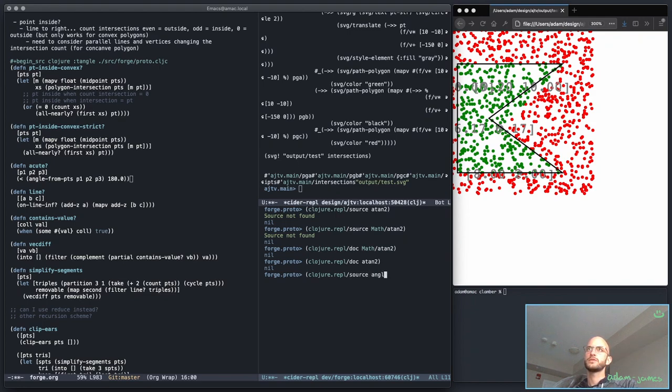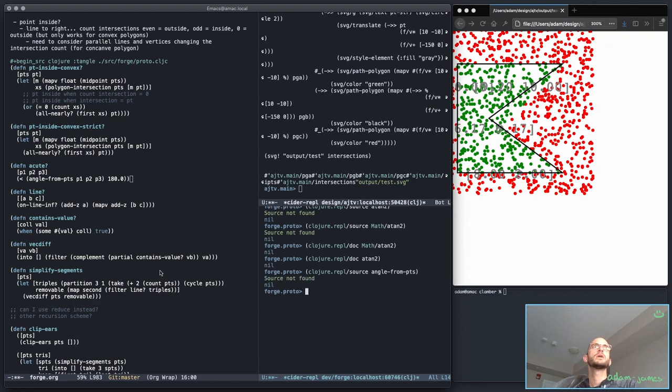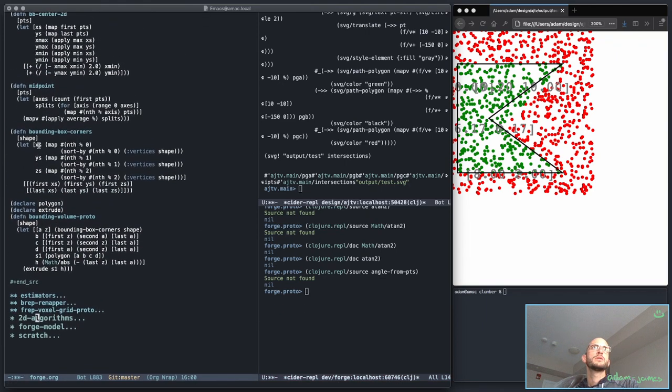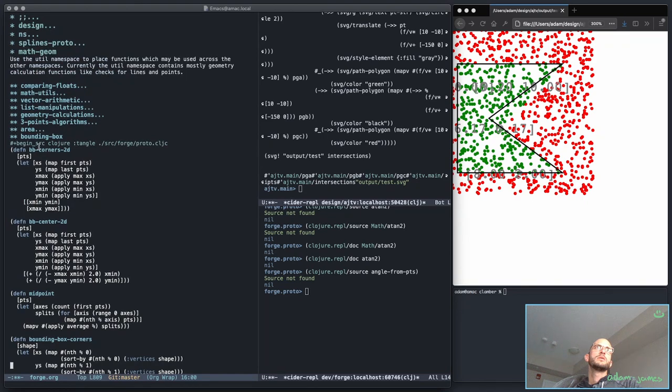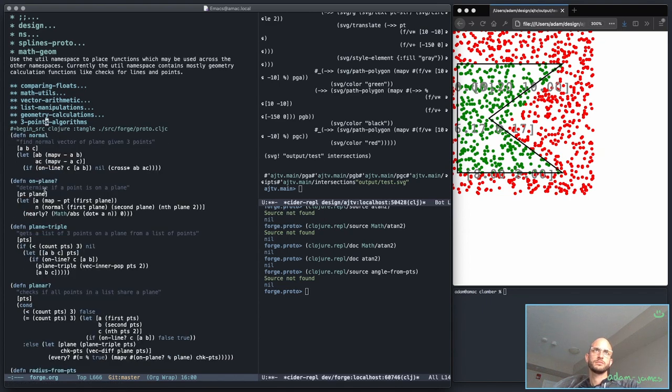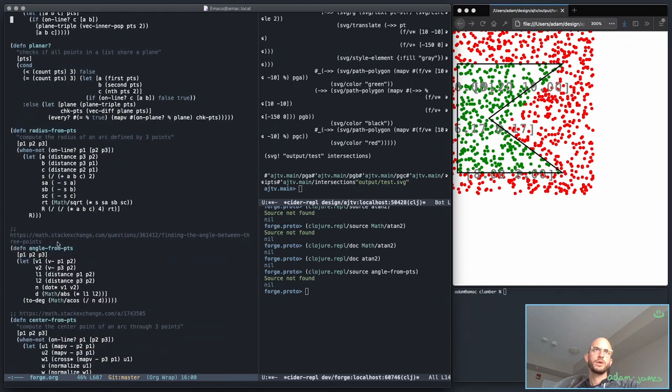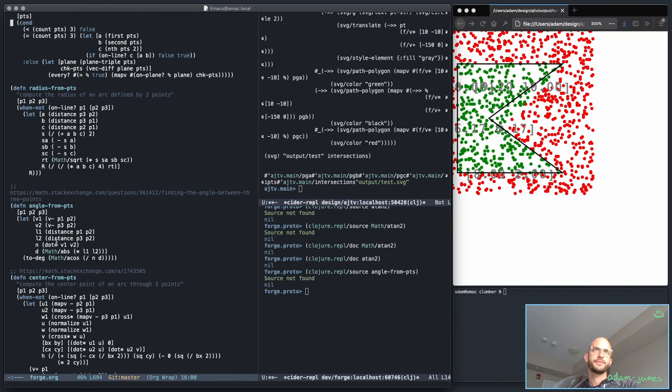Clojure.repl/source angle from points. What? That doesn't make sense to me. Okay, it must be up here. Okay, what is this doing here?